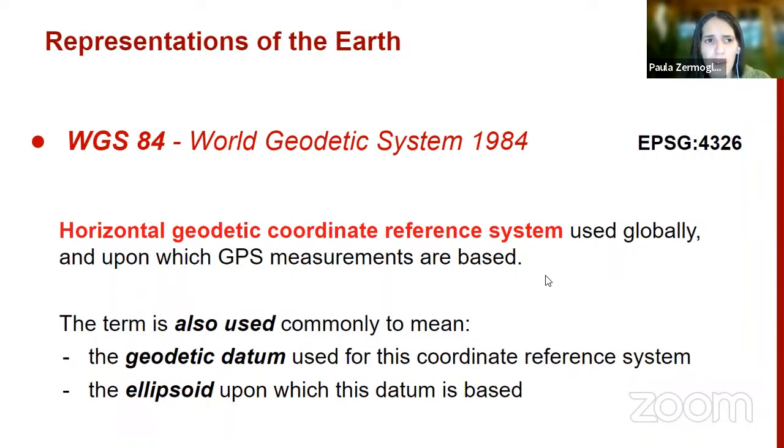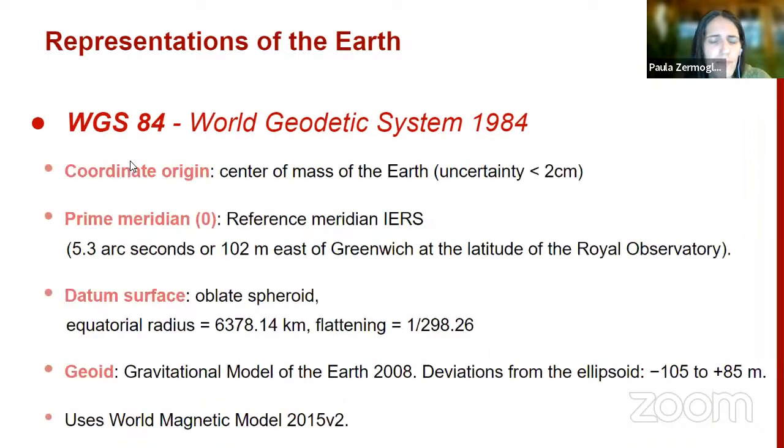We have to be careful because WGS 84 can be referring to the coordinate reference system, but also to the geodetic datum that that reference system uses, or the ellipsoid that that datum is based upon. So when we see WGS 84, it could be any of the three things. So careful with that.